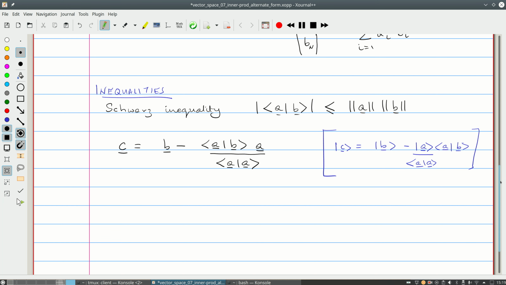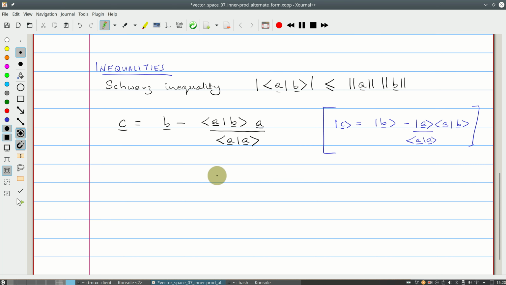Now the proof proceeds as follows. We know that if C is a non-zero vector, then its norm has to be greater than 0, and if it's the zero vector, its norm is equal to 0. But no way can the inner product of C with itself be less than 0. So we have 0 is less than or equal to the inner product of C with itself.